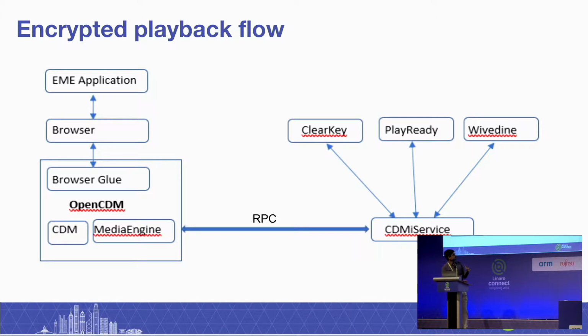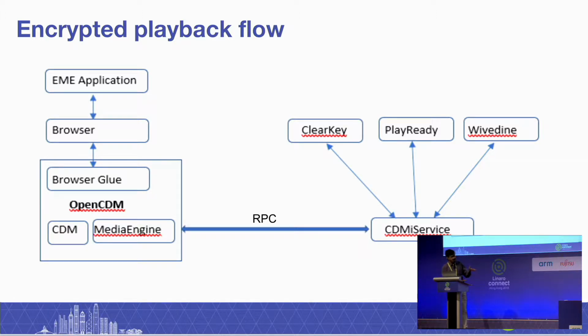So as I said, this OpenCDM has two components. The CDM part will handle the session metadata, key exchange, all those things, and the media engine will come into the picture once the license management has happened. Means once the session is created, the license URL is received from CDM, and that license has been validated with DRM.